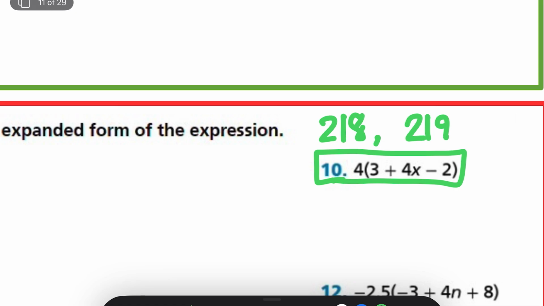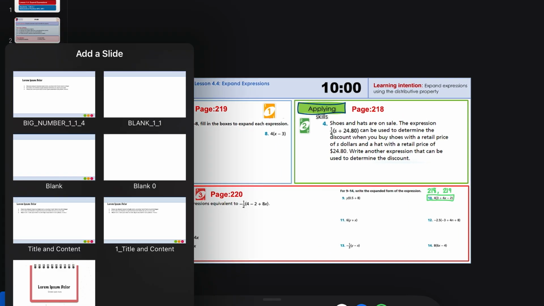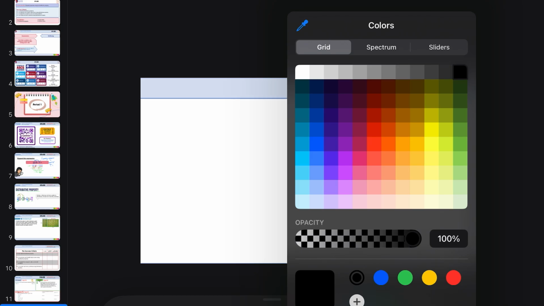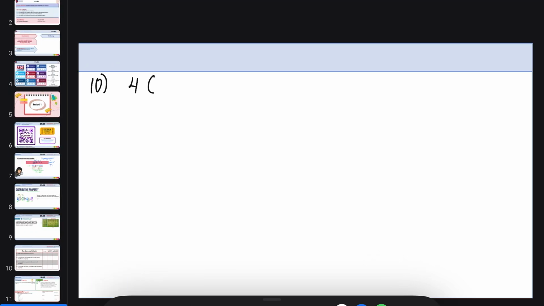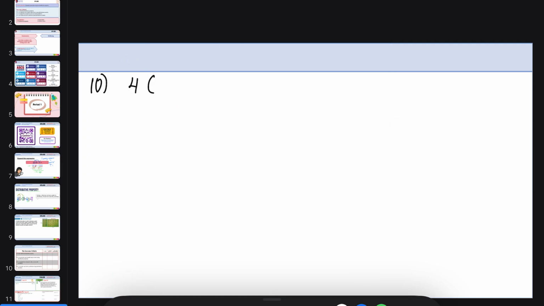It's 4 bracket 3 plus 4x minus 2. So let's do it here in a different slide. The question was question number 10. It was 4, then 3 plus 4x minus 2.